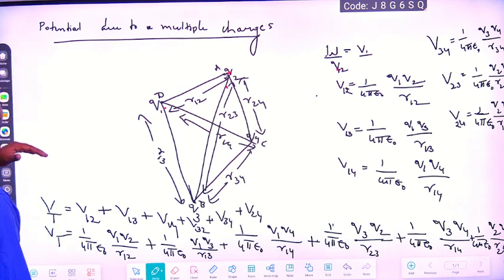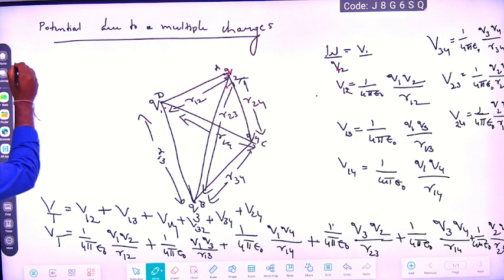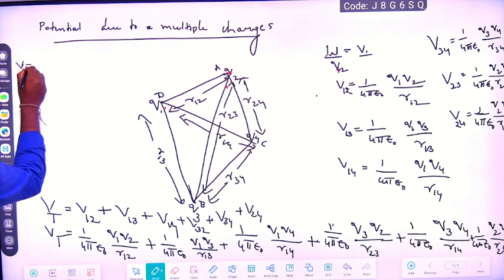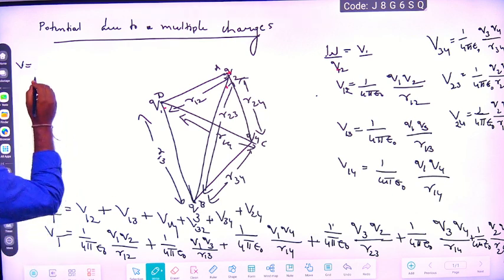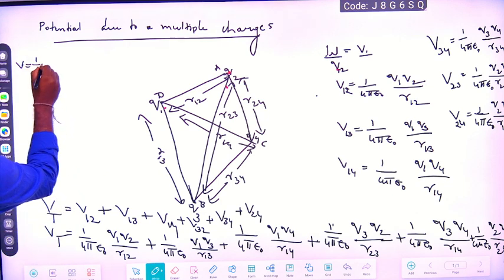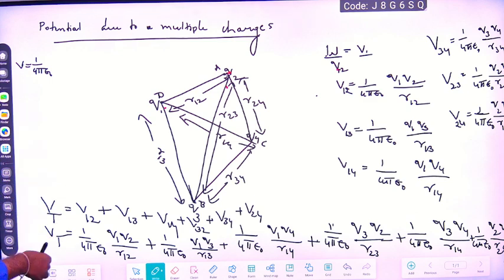Now I'll just write here. So V total, the total potential V, is equal to 1 by 4 pi epsilon naught, Q1 is common. Shall I take the next slide? Okay.